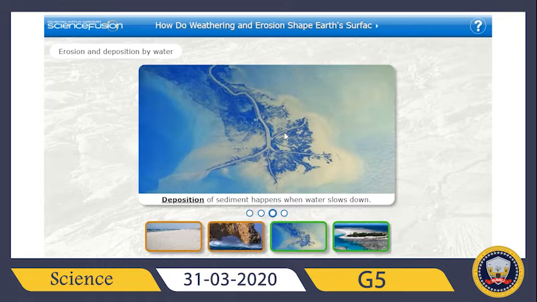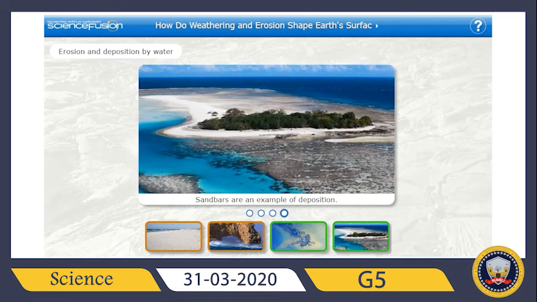When the sediment is settling down, we call it deposition. As a result of deposition, we may have these types of landscapes, accumulated sands over the sea or a lake.